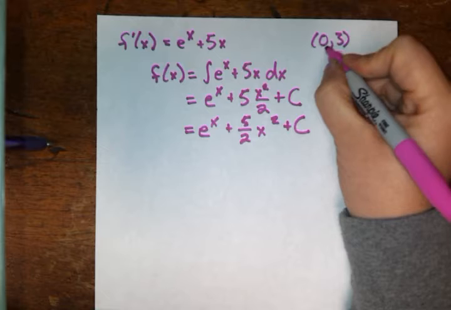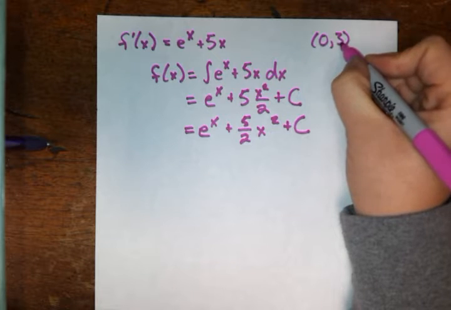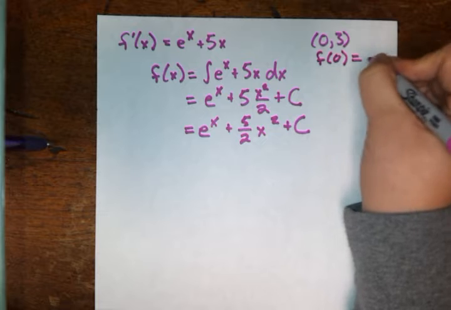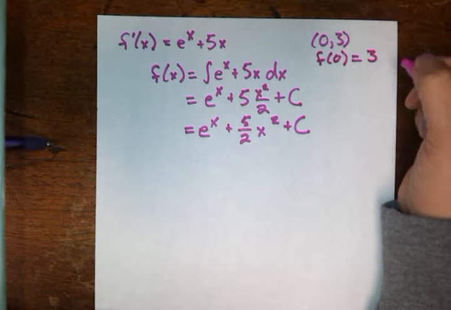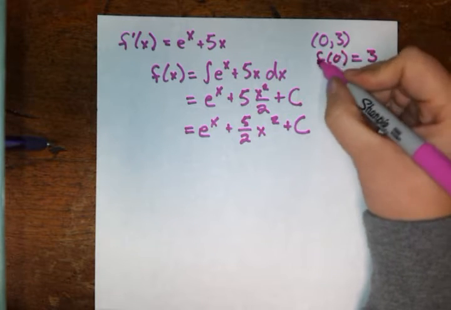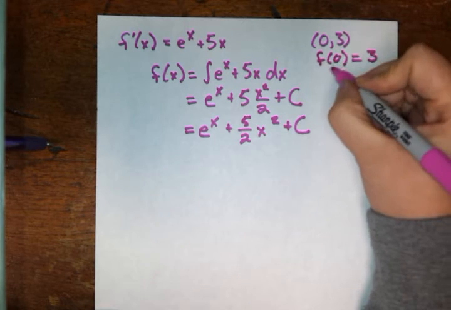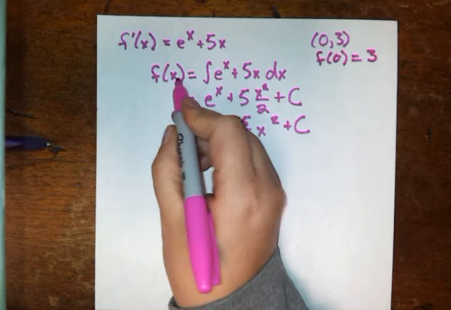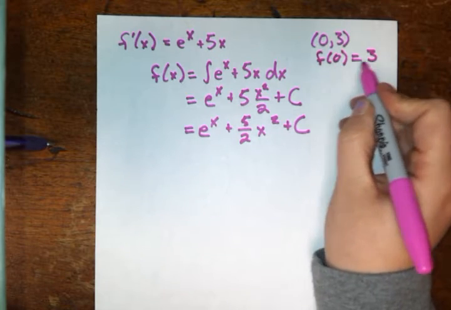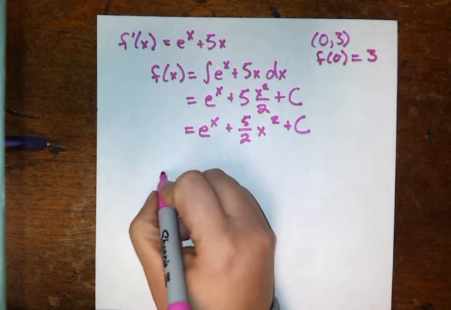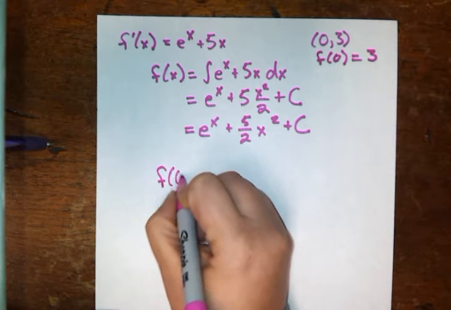But they're telling us that this function goes through (0, 3). That means that when x is 0, the value of the function is 3. So x equals 0, y equals 3. That tells me that in my original function, this f of x, if I plug in a 0, the answer is supposed to be 3. So we have f of 0.